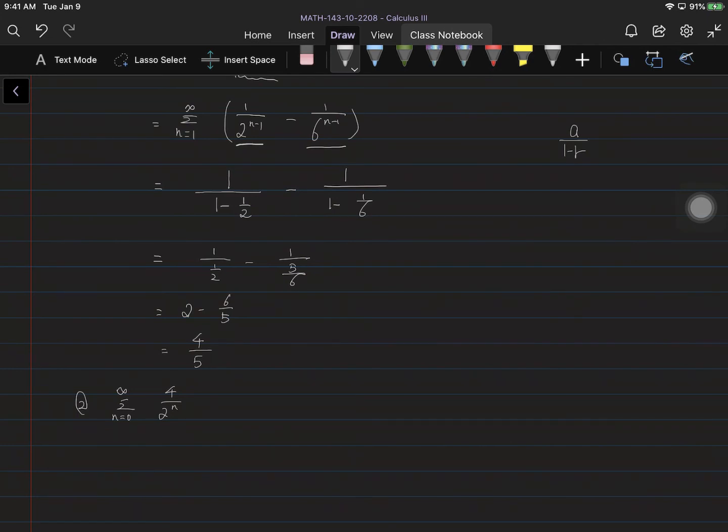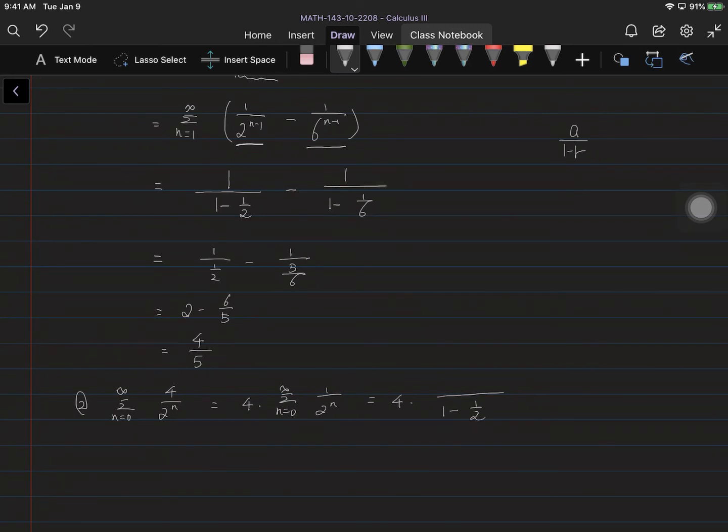This one, you can look at this as 4 by the constant multiple rule, times 1 over 2 to the n. And then this is a geometric series. The sum is a over 1 minus r. The ratio r is 1/2.